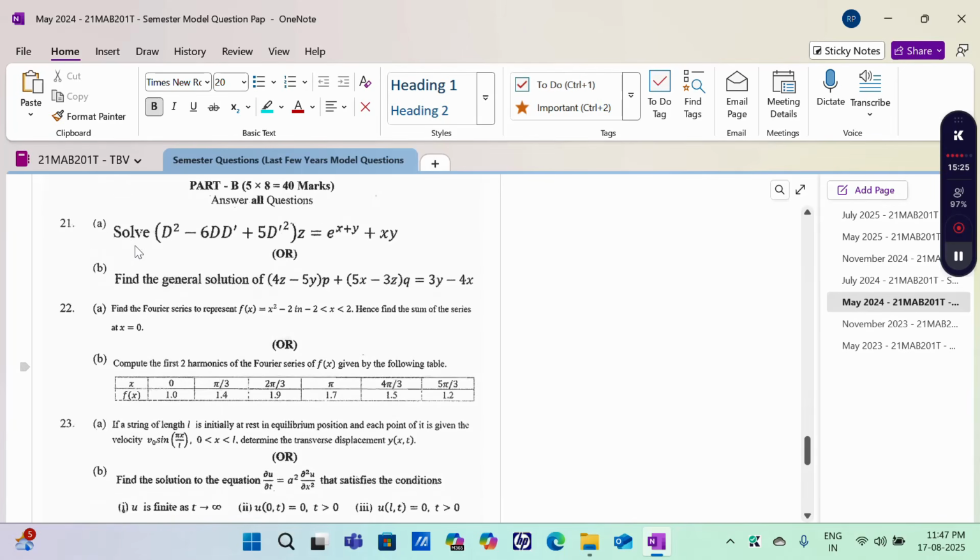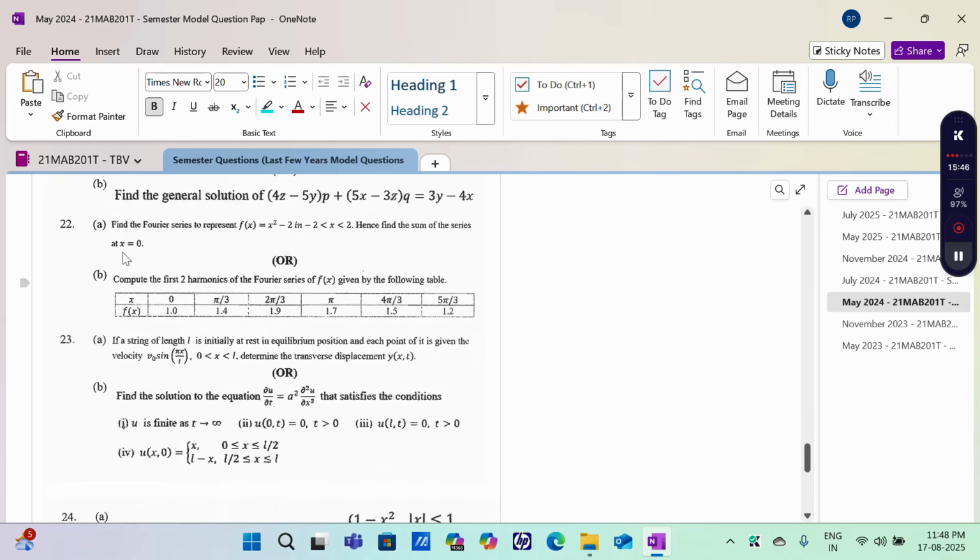And Part B, 21st A question. So type 1, type 3, e power ax plus by, x power m, y power n, second and higher order partial differential equation. And then our choices, find the general solution is a Lagrange's linear equation method, multiplier method, Lagrange's method.